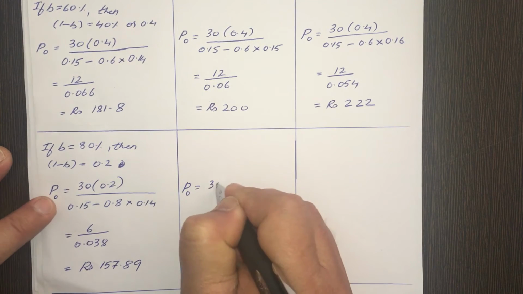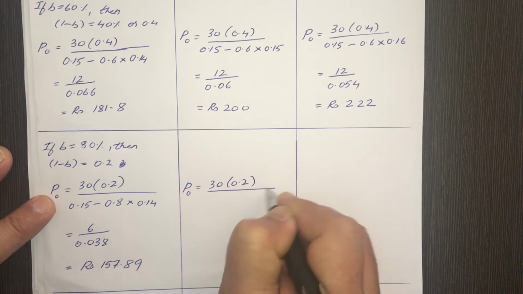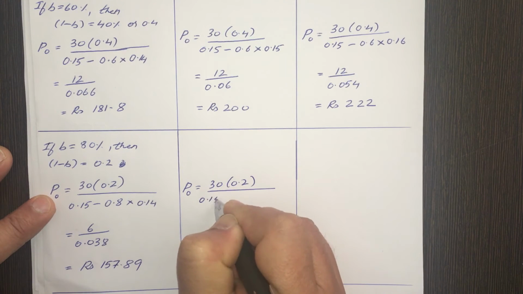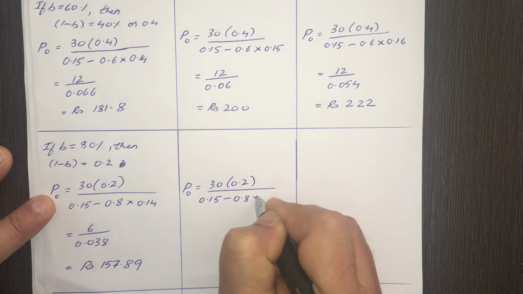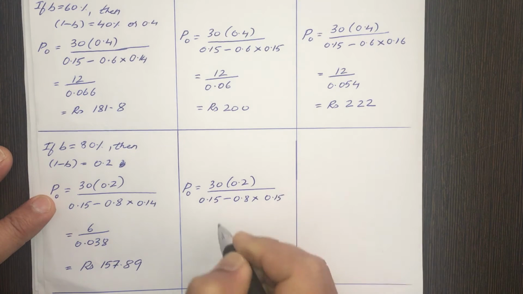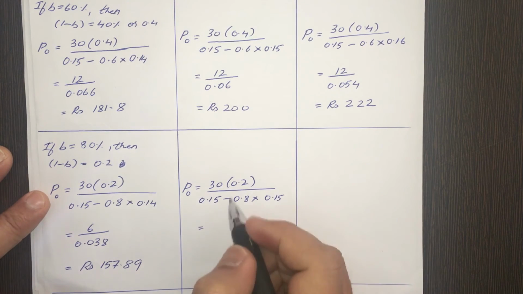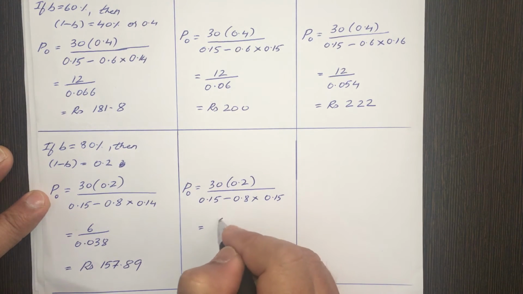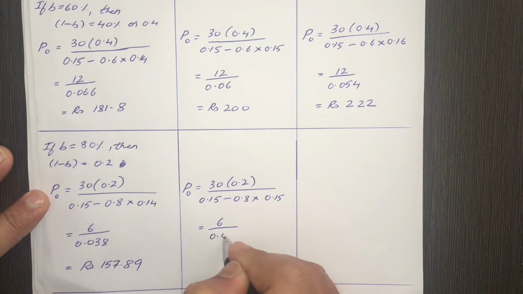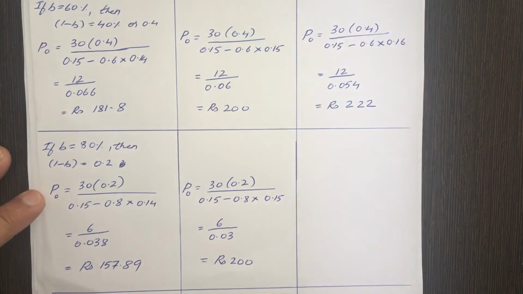P0 is 30 into 0.2 divided by 0.15 minus 0.8 into 0.15. Alright, because R is 0.15, 15%. So it is 6 divided by 0.03. When you solve that, you'll get 200. Alright.